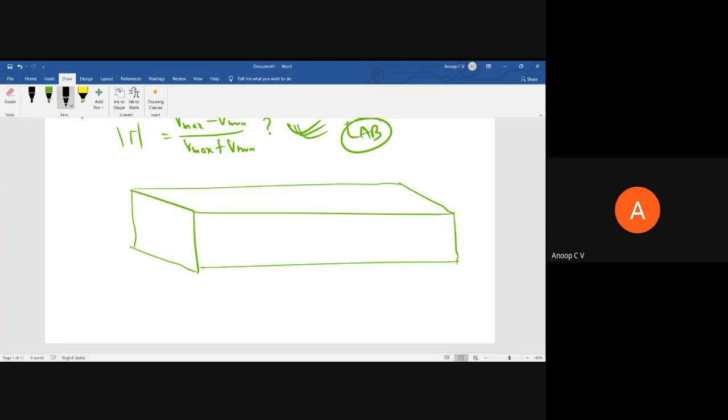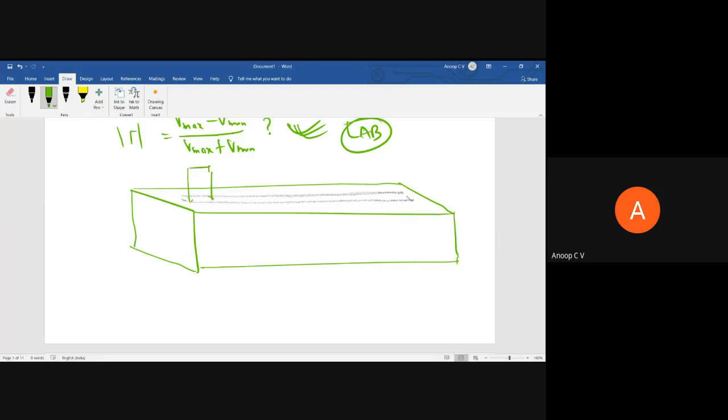And for this hollow metallic cavity, there will be a slot, which means there is a cut, an opening through which you can insert a probe and measure the voltage. Through this, you can insert one probe and measure the voltage at any given distance.